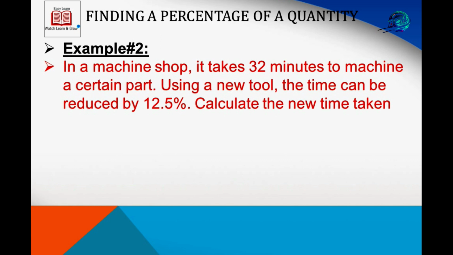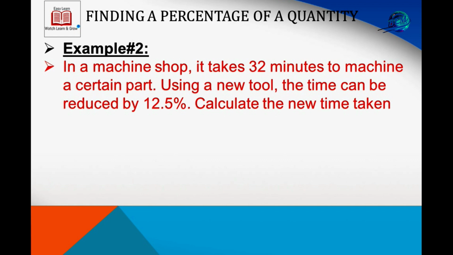Another second example: in a machine shop, there is a machine. It takes 32 minutes to perform a certain task. For example, a new company said that to install this tool, the machine will take 12.5% less time. But how much time will it take now?